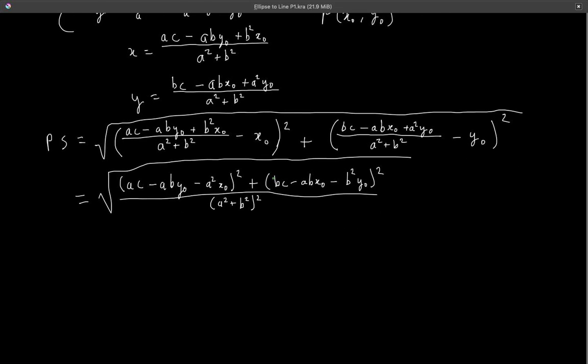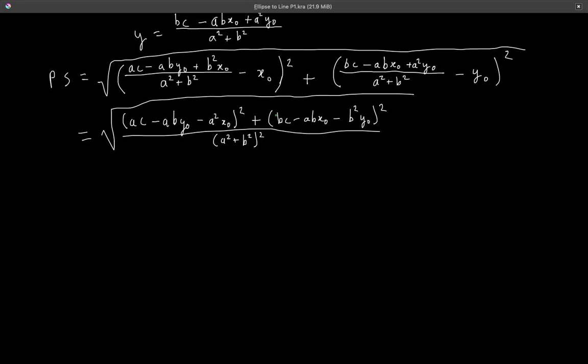Alright, so our next step to simplifying this massive thing is realizing, hey, wait a second, all of the terms here have a common a, all of the terms here have a common b, so we can pull out a factor of a squared, and b squared here, because remember there's a square out here and here. Once we do that, we can also distribute the radical to the numerator and denominator separately, and in that way we knock out the square in the denominator.